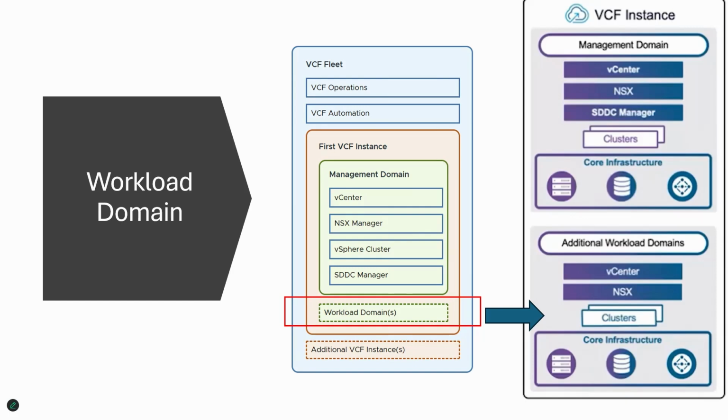That service provider will provide the same infrastructure service for n number of customers, called tenants. In that case, he will go for workload domains for each and every tenant separately. That is one of the real-time scenarios you can relate to: a single management domain with multiple workload domains, one workload domain for one client.